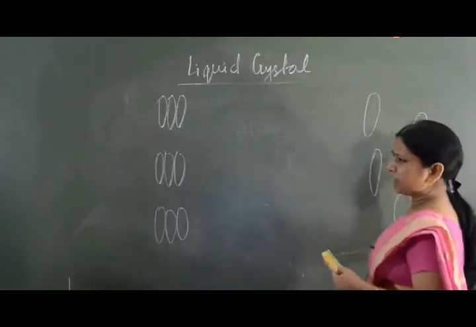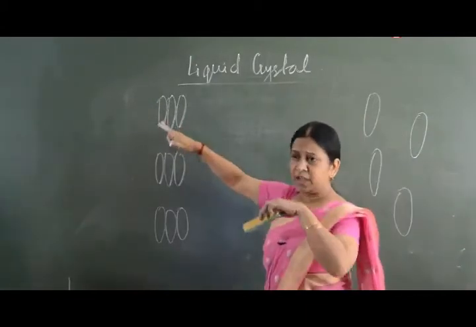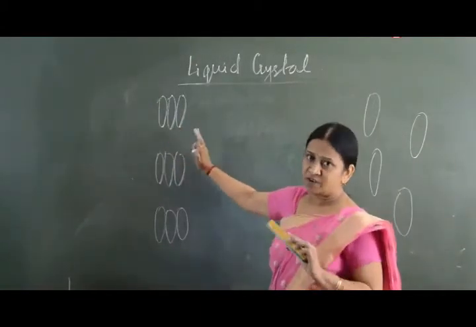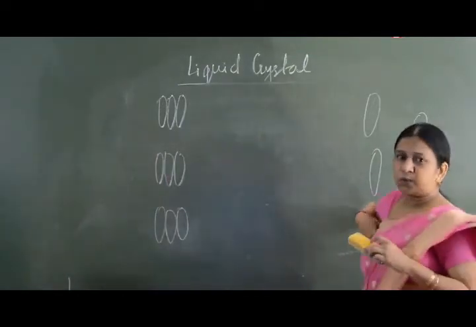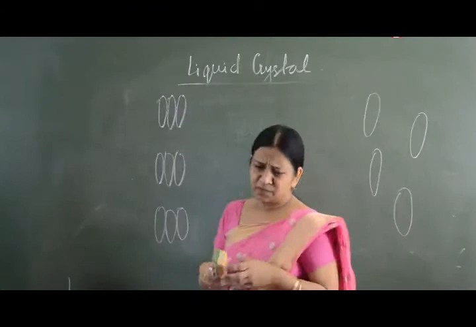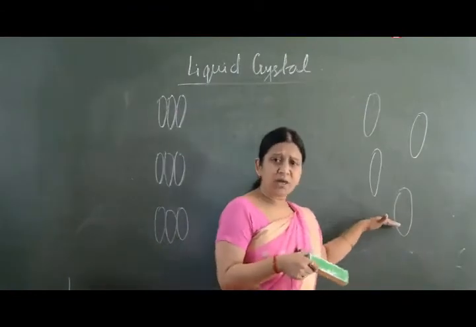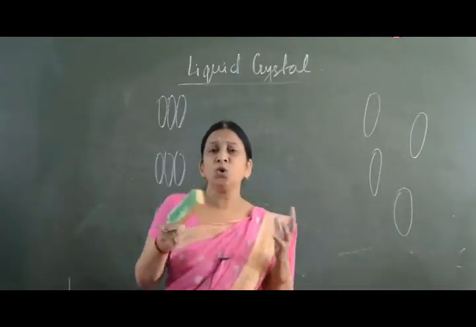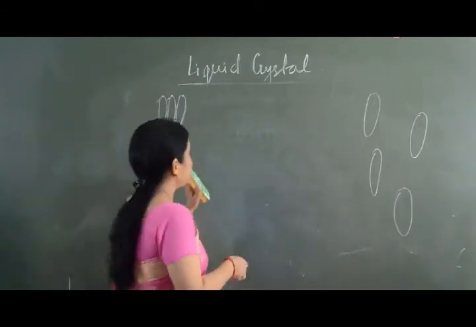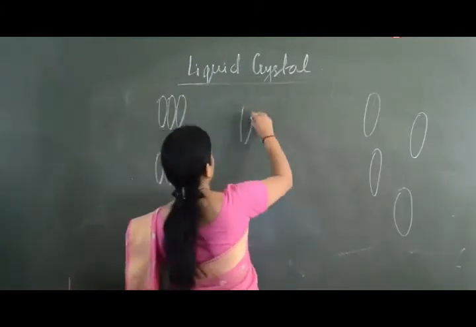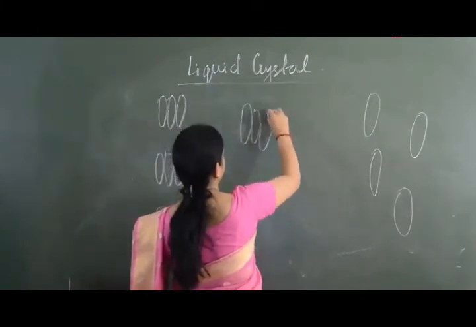The force of attraction in the solid is strong. The particles have a definite arrangement, but in the liquid the force of attraction is weak and there is no definite constant arrangement of particles. Now, if we come to liquid crystal, this will be the state.